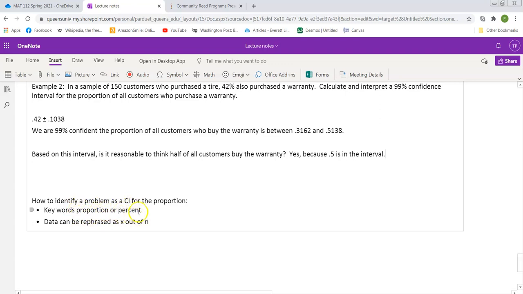Just keep in mind that that's not for the percent confidence. But so you might see the word proportion, but always, always your data can be rephrased as X out of N. So 42% out of 150. Or 230 out of 300, or 3 out of 4 dentists recommend Trident or something. Okay, so that's how you know.